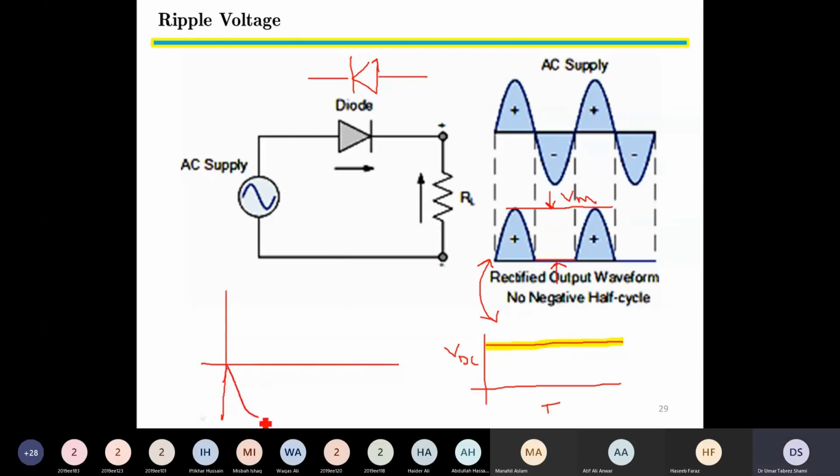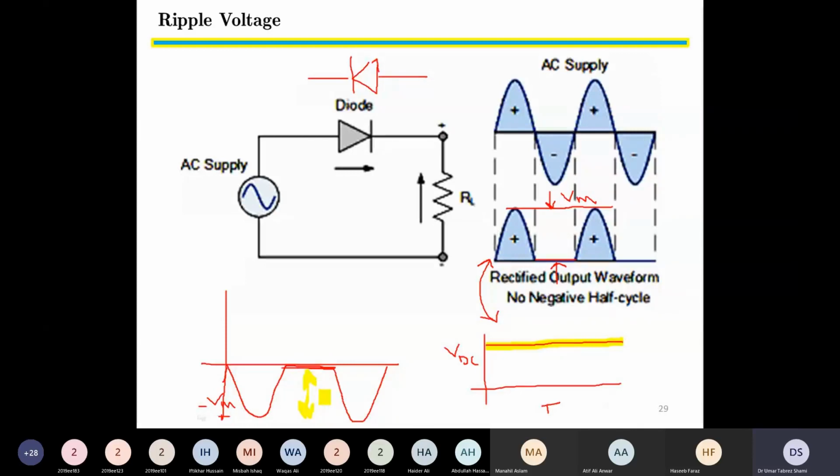again having ripple, but the output voltage will be minus DC voltage. It will have a negative polarity. And in this case also, we have a ripple voltage which is very large.